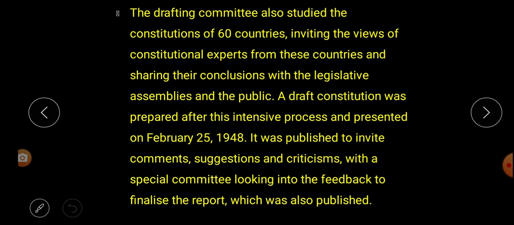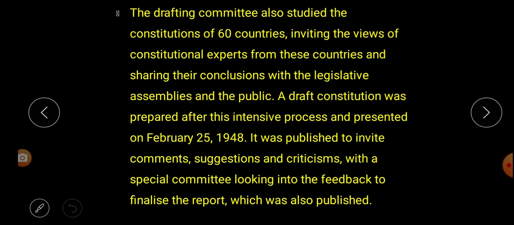Thereafter, the draft constitution, that means the copy of the constitution which was prepared after an intensive process, was presented on February 25, 1948.